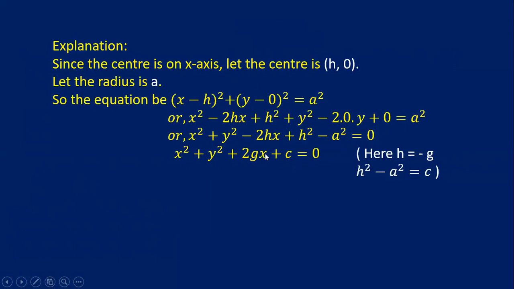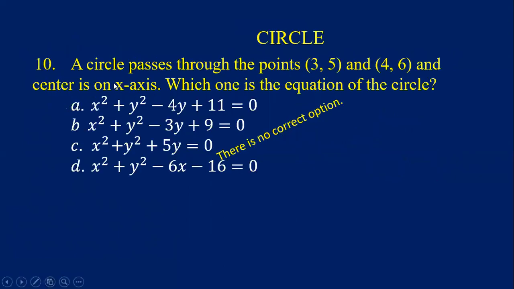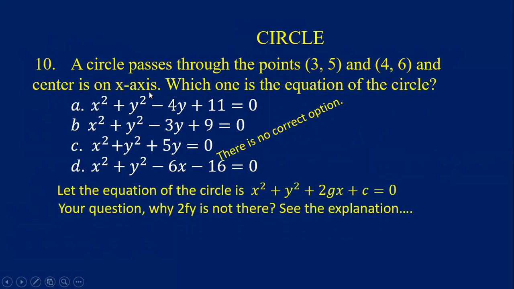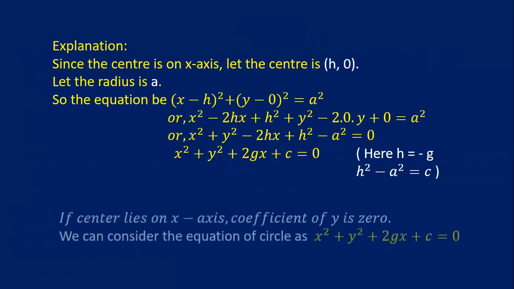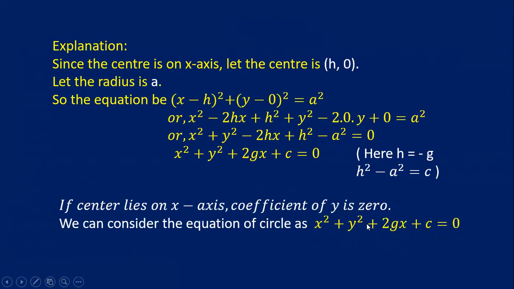So the center of our required circle is on the x-axis, and we can consider the circle in the form x square plus y square plus 2gx plus c. That is, when the center is on the x-axis, the y term is missing. So this is our consideration.